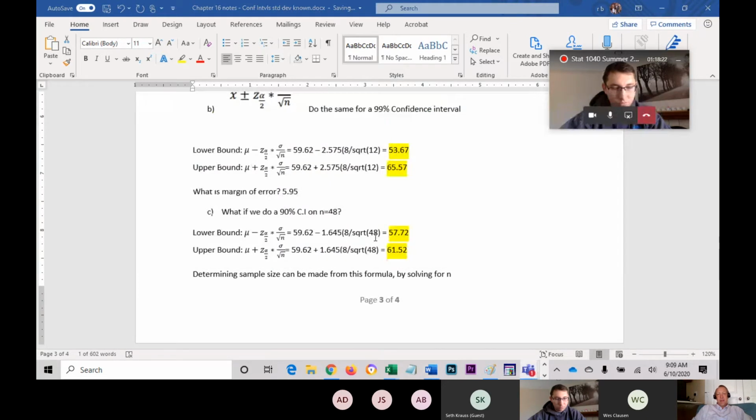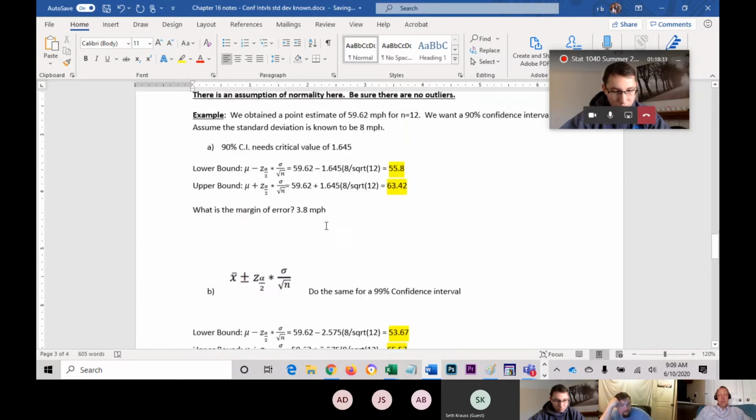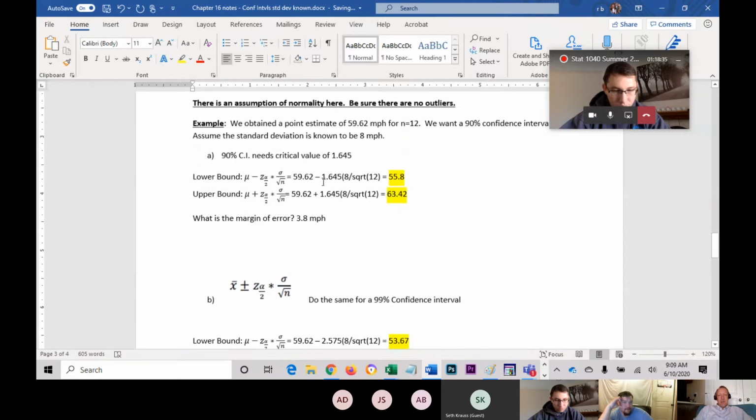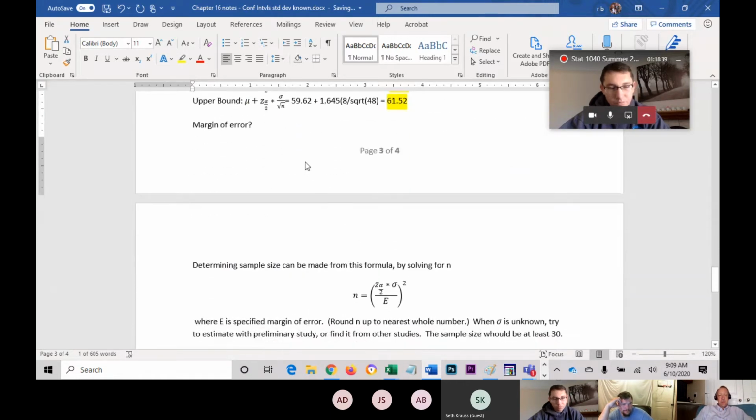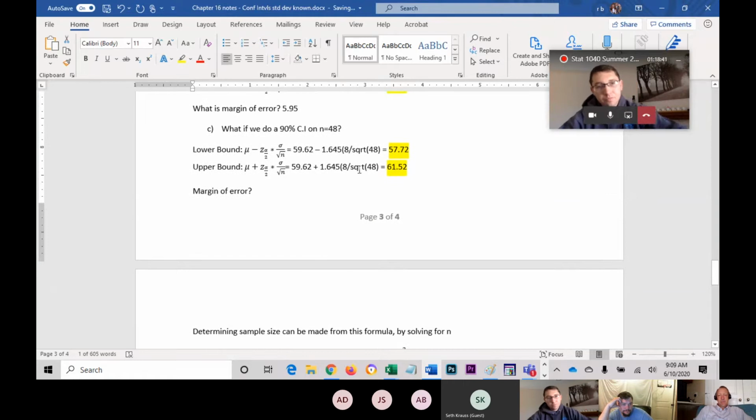So before I figure this out, what's going to happen to my margin of error? I'm going to compare n equals 12 to n equals 48. What's going to happen to it? Get smaller. Decrease. Okay, get smaller.